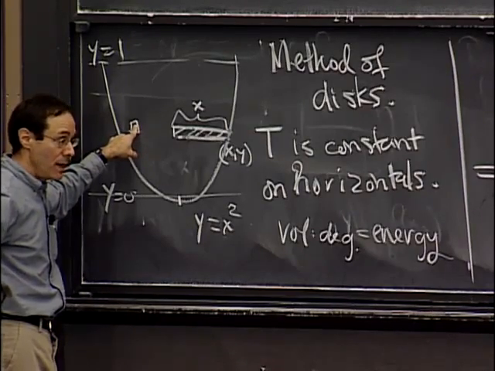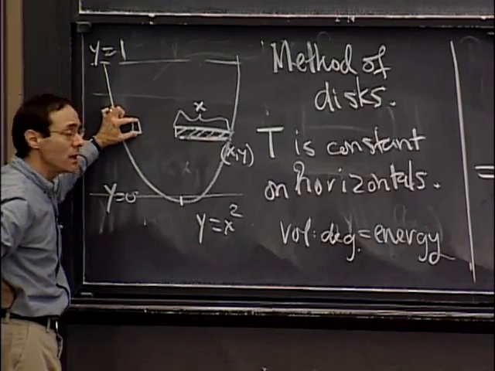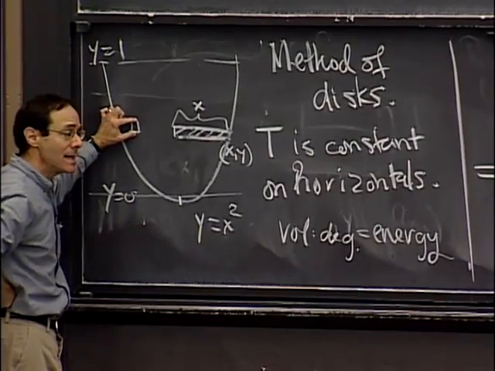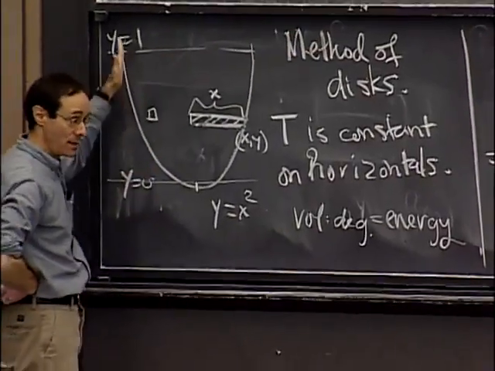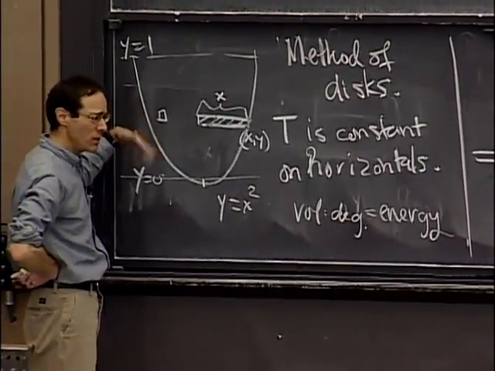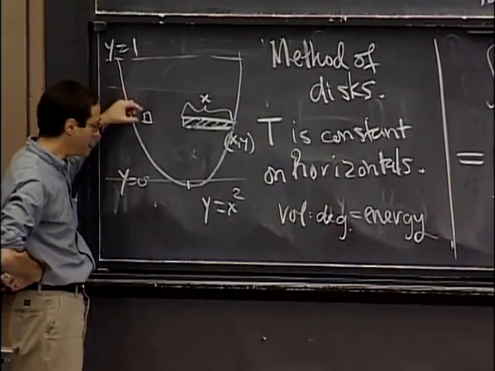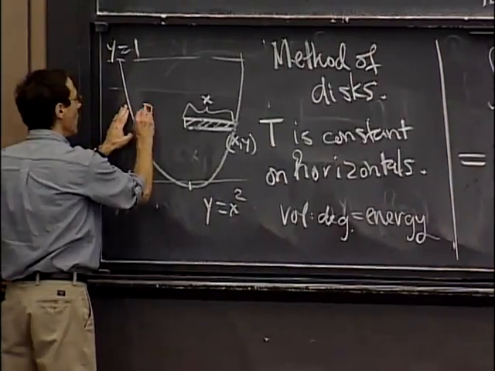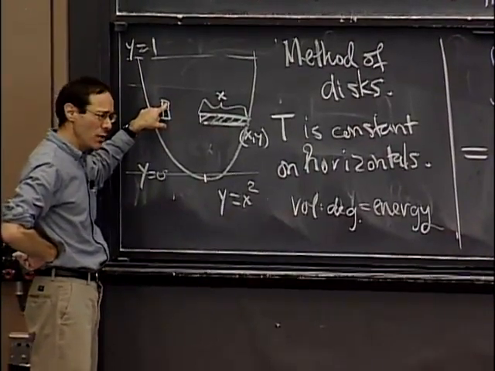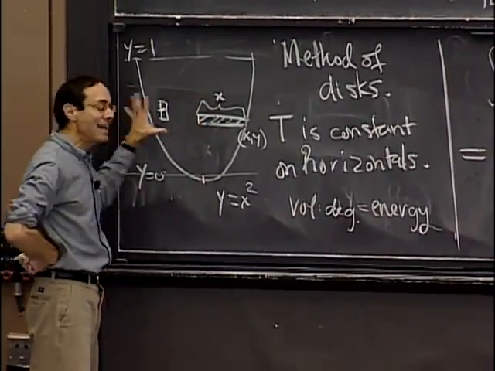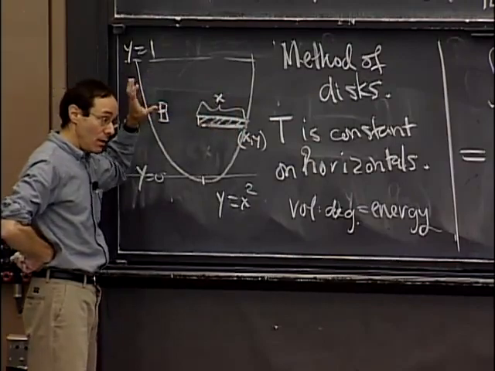And so that little milliliter of water, if you like, has to be raised from 0 to some number which is a function of the height. It's something between 70 and 100 degrees. And the one right above it also has to be raised to a temperature, although a slightly different temperature. And what we're doing with the integral is adding up all of those degrees.